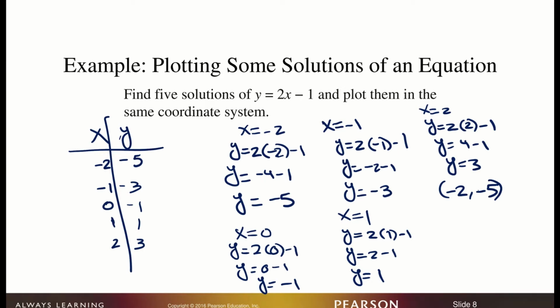So there is one solution. Here is another one. There's our third one, our fourth one, and our fifth one. Okay? And that's all there is to that.